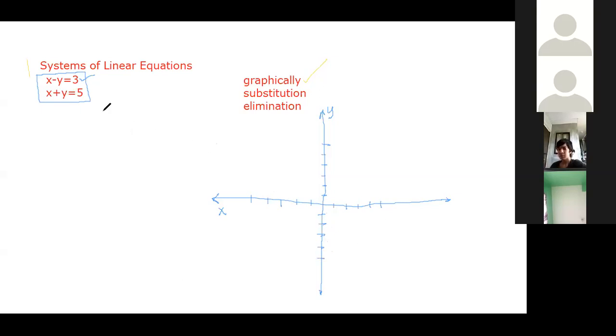So next is, this is a very important process right here. We will graph first the first equation. What I will do in order for you to graph that one faster than assigning values, we will graph that one using intercept form.